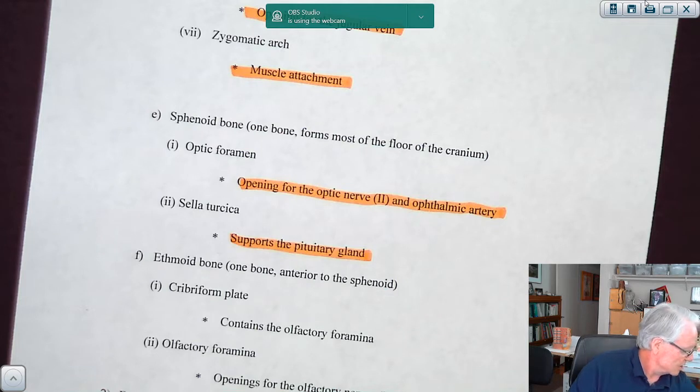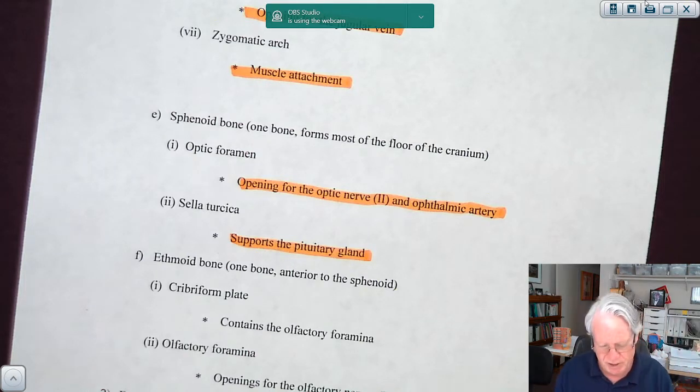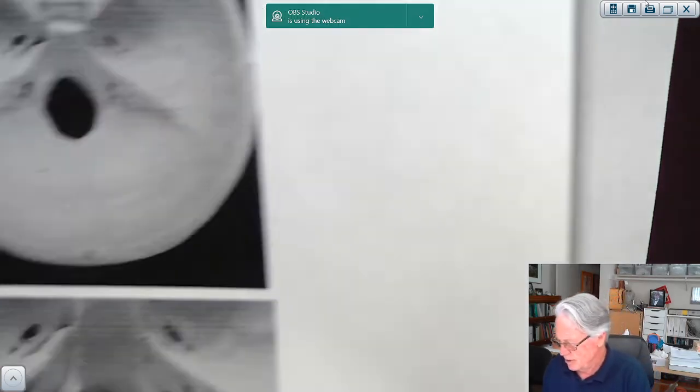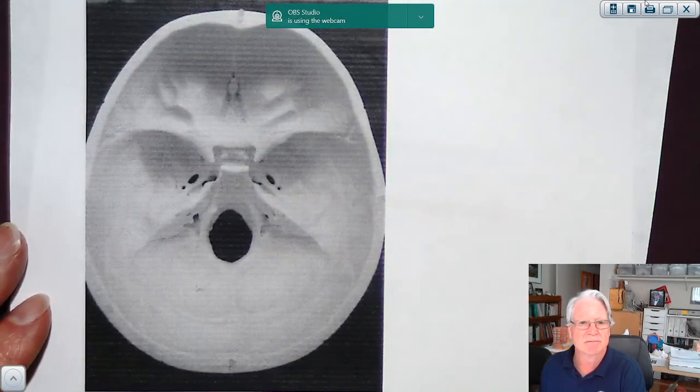And we're going to look for an interior view. Yeah, we're getting close. There we go. I'm on page 11 of the handout. And here we are, page 11.